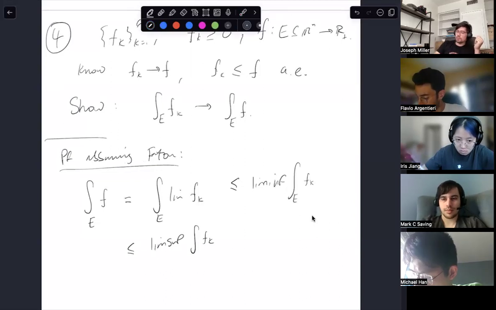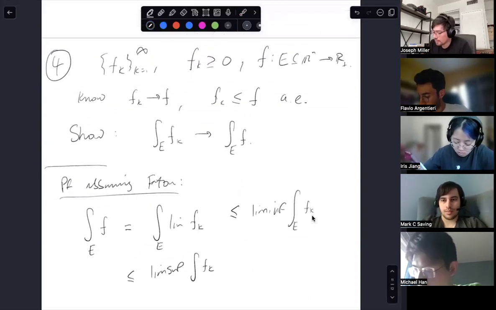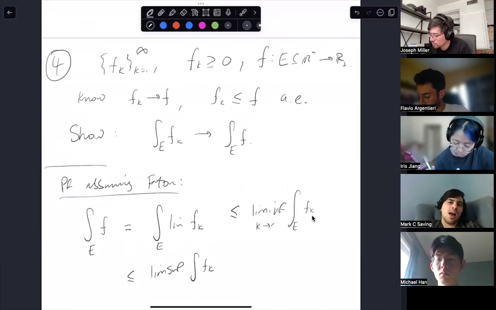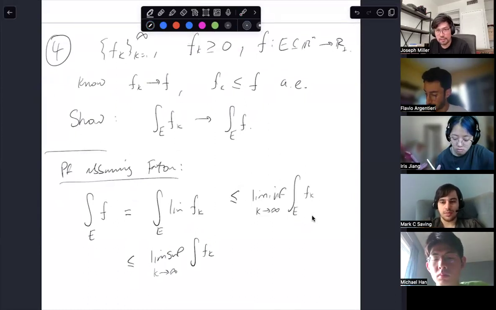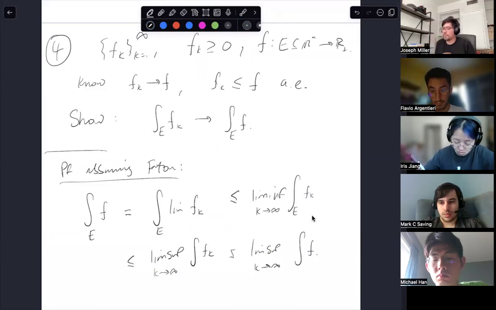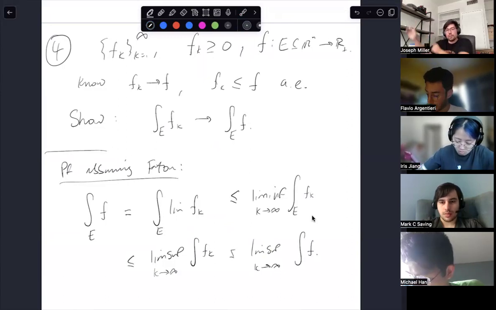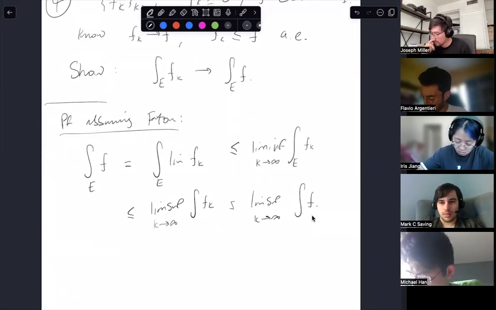And I can use the monotonicity: f_k is less than or equal to f for every k. So when I integrate these quantities, I get a less than or equal to. So this guy is less than or equal to the lim sup, k goes to infinity, of the integral of f, because they're all bounded above, which is equal to the integral of f.